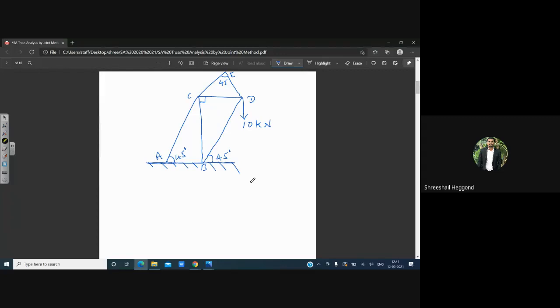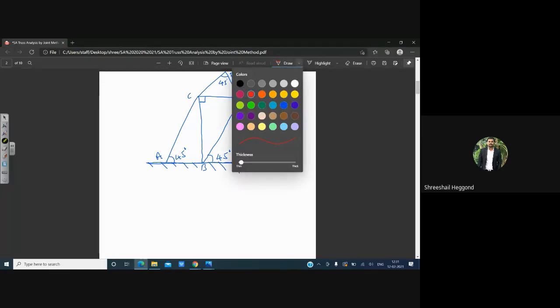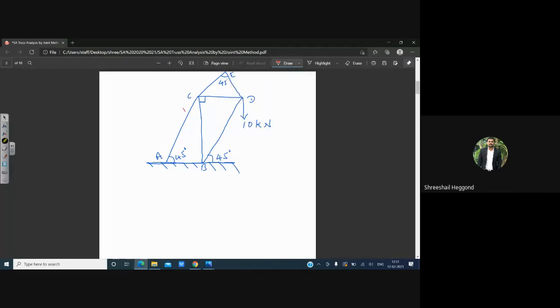Now, if I consider C, there are 4 members, 1, 2, 3 and 4, joined. Therefore, it is not easy to solve. If I consider joint D, it will be 1, 2, 3 and 4. Here also 4 members are joining, or 3 members and 1 load is acting. 1 is known and 3 are unknown values.